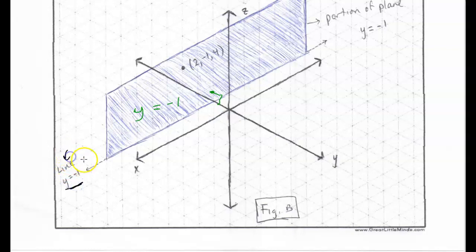The line y equals 1. This particular line in 2D space is the horizontal line y equals 1. That is true. But when we talk about 3D space, in 3D, this is the plane y equals -1. Okay.